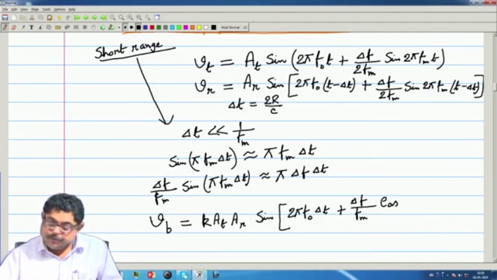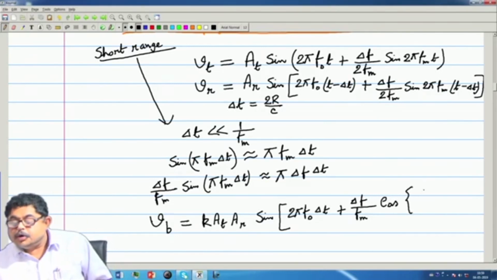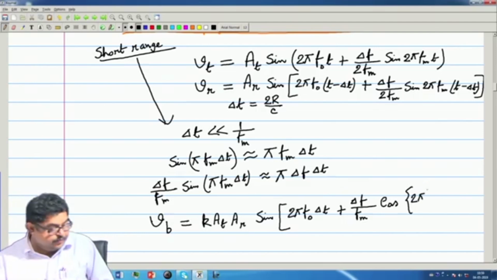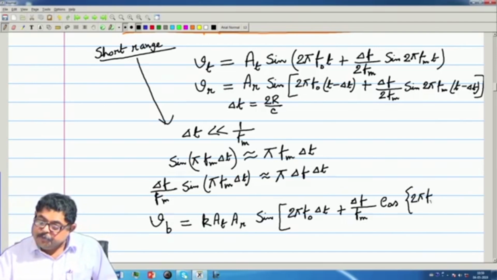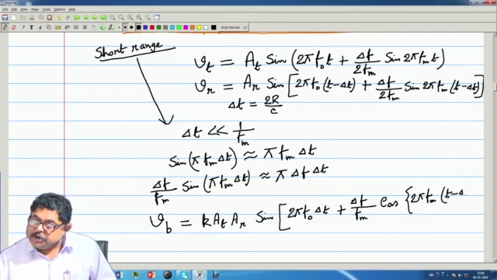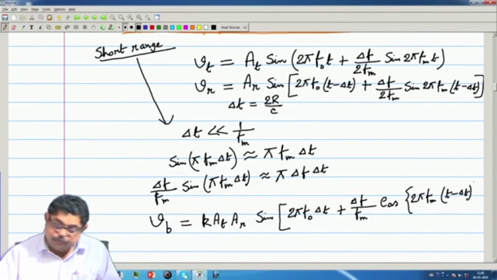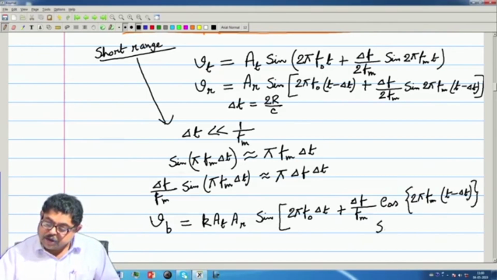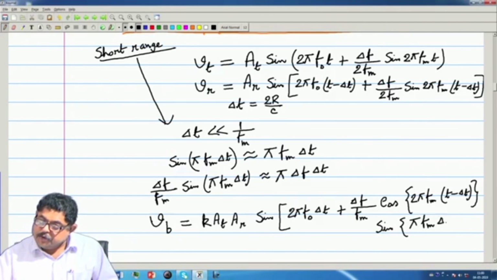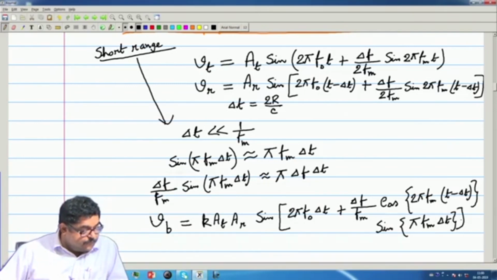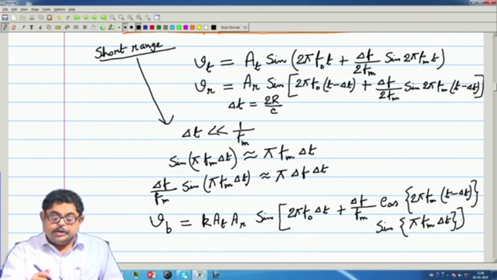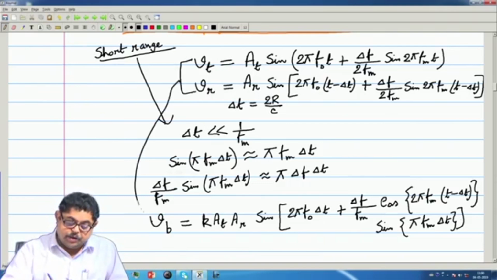So, cos of 2 pi f_m (t minus delta t) into sine of pi f_m delta t. This is the expression, from here it comes.